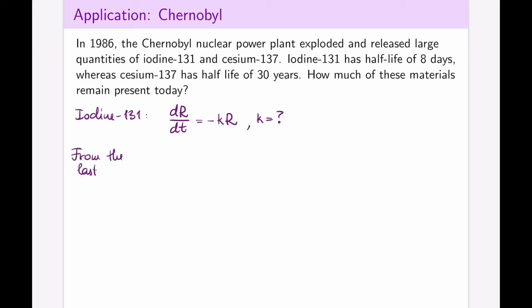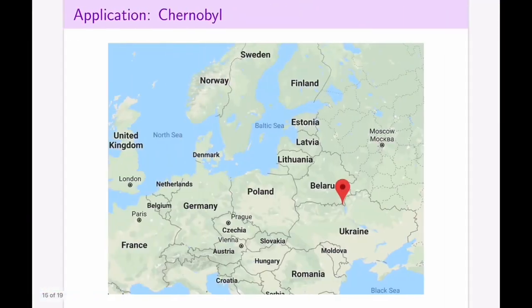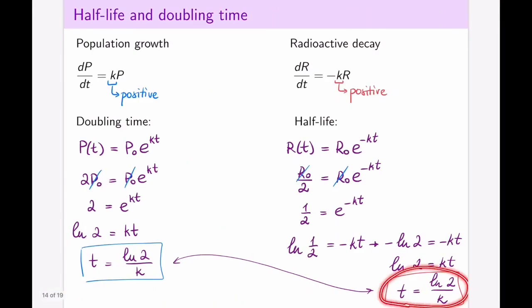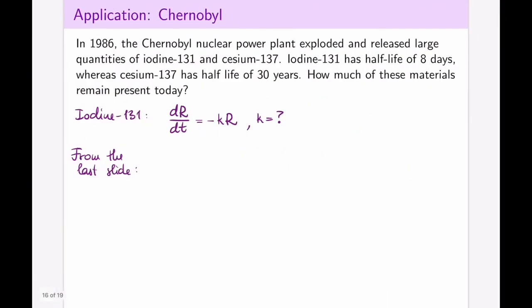So from the last slide, what we found out is, if I set up the equation this way, explicitly including the minus here, that T, the half-life, is equal to ln of 2 over K. Now, I can actually solve this equation the other way around for K instead of T. In this case, I know the half-life and I need to know the K, so this equation will be useful if it's solved for K instead of T. And I can note that this will give me that K is equal to ln 2 divided by T.